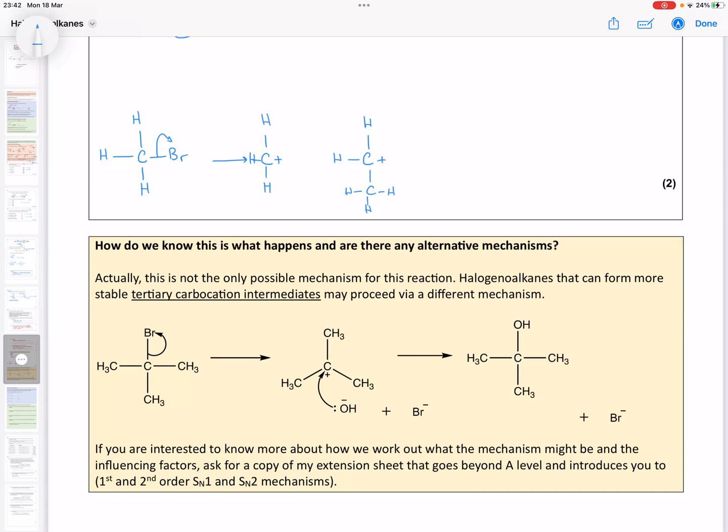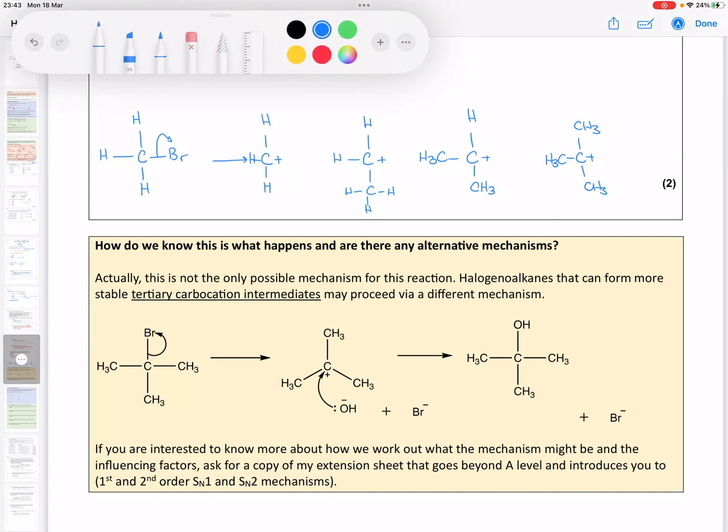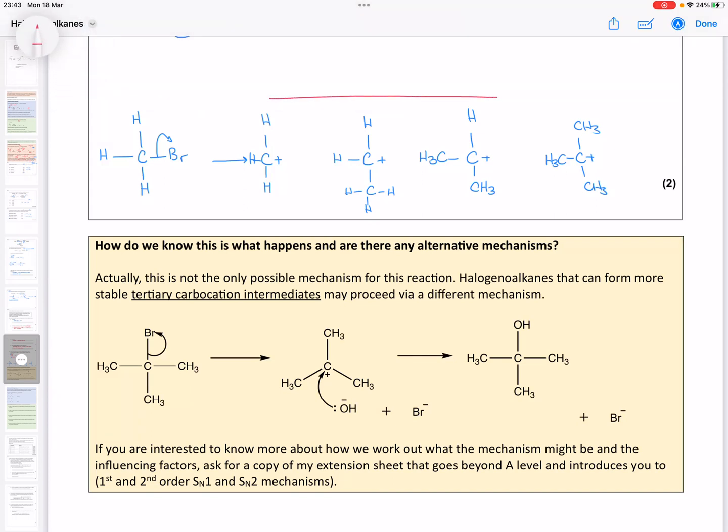A secondary carbocation, which is a carbon bonded to two other carbon atoms, and finally a tertiary carbocation, so a carbon bonded to three other carbon atoms. So in terms of stability of these cations, this one at this end is the most stable, and at this end is the least stable.